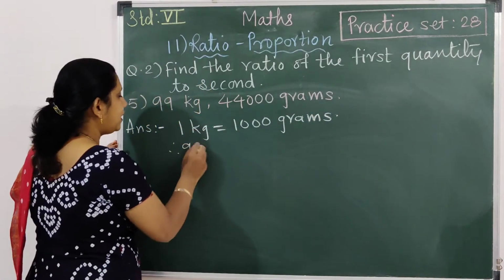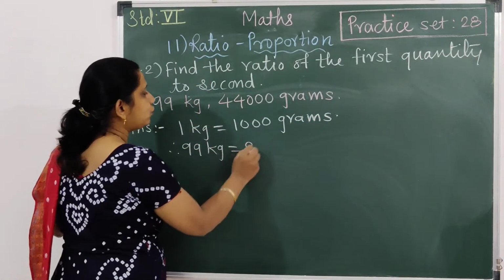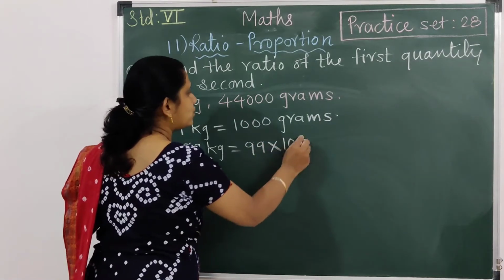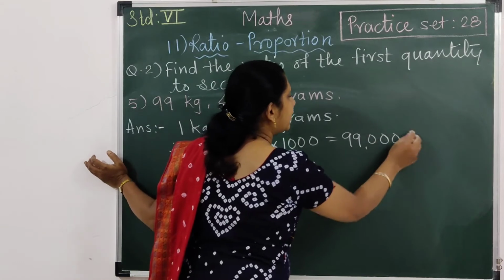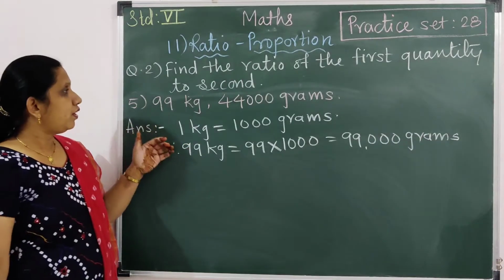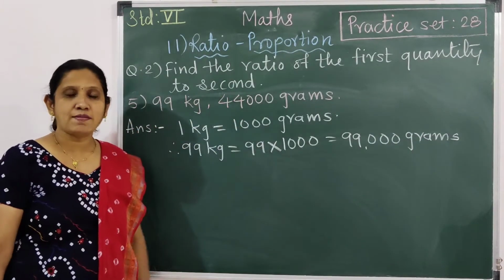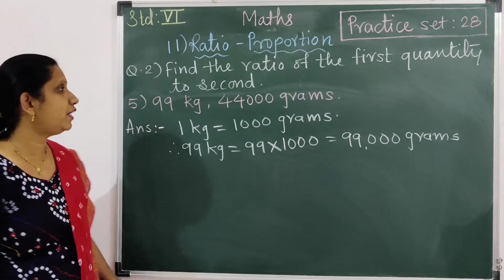Therefore, 99 kg is equals to 99 into 1000. What will we get? 99,000 grams. Alright, both the terms are in grams, so it is very easy to find out the ratio now.